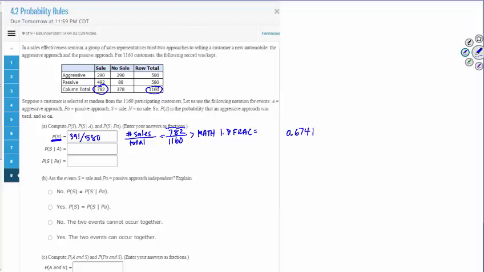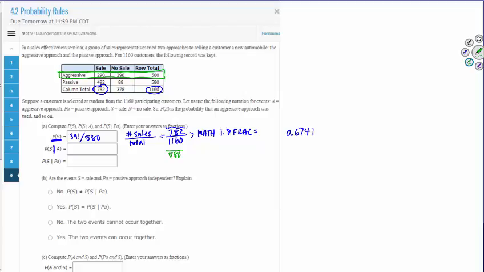Now we'll make some conditional probabilities. What's the probability of getting a sale given that the aggressive approach was used? So now this condition restricts the sample, restricts how many we're looking at. We're only looking at the aggressive approach. And so that total of aggressive approach was 580 customers.